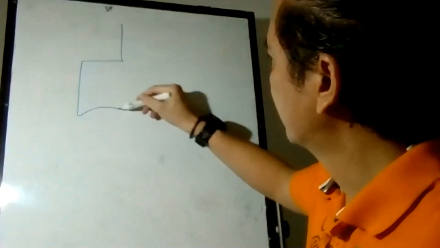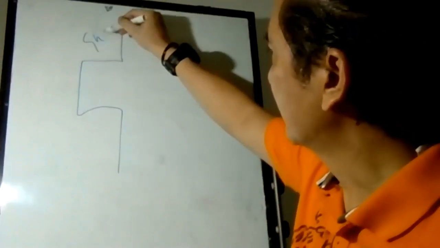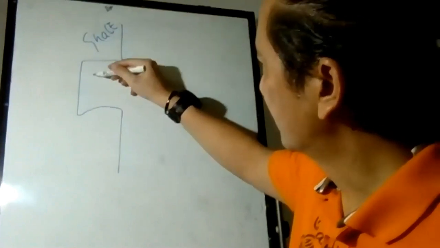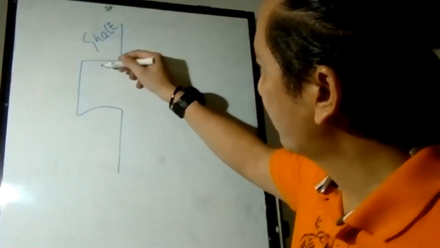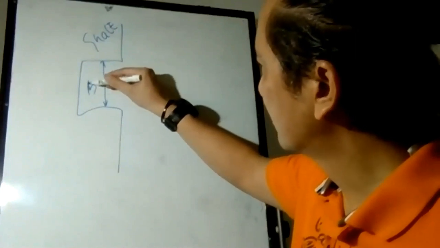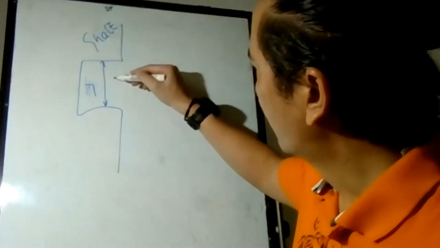Okay. All right. So, guys, this is your reservoir log, right? This is your shale, and this is your net pay, the one that you want to frac. Maybe this is the height, say 100 feet.